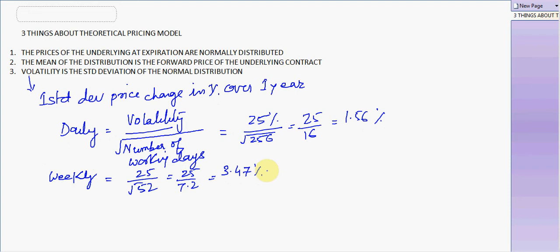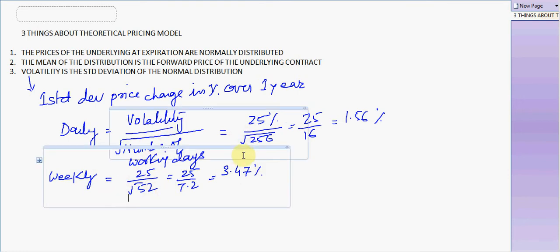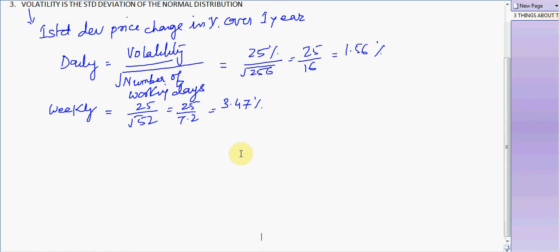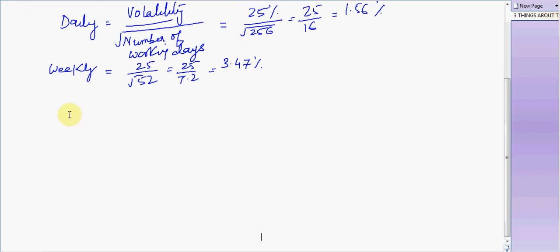Now, I touched upon this in the last video that there are historical volatilities, and there is something known as implied volatility. Historical volatility is the movement of the underlying over a period of time in the past.